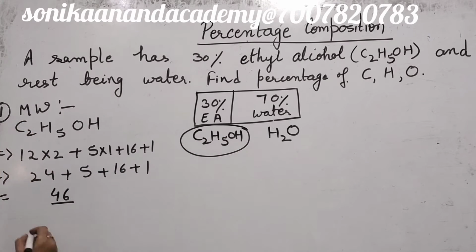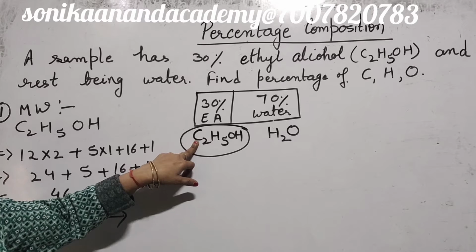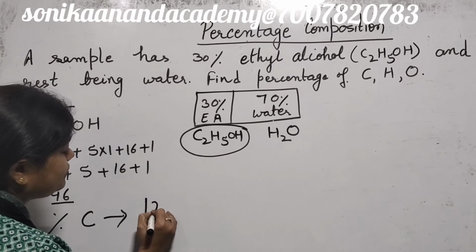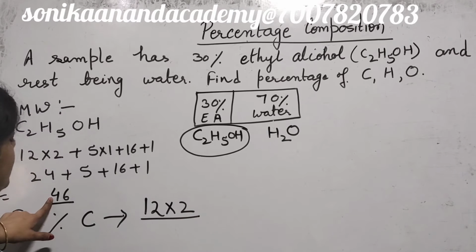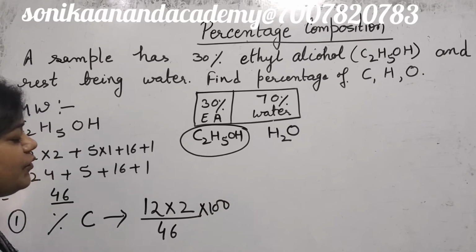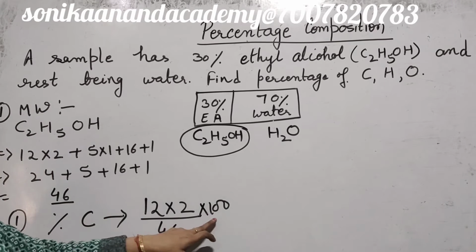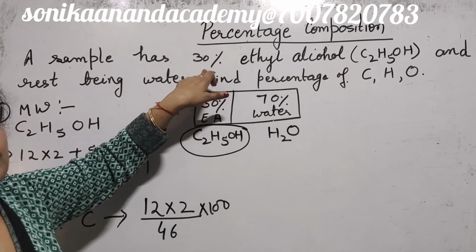Okay? Now, first one, percentage of carbon. Atomic weight of carbon is 12. Here it is 2. Total molecular weight 46 into 100. This is our main formula: atomic weight over molecular weight into 100. But it is also given 30% of ethyl alcohol.